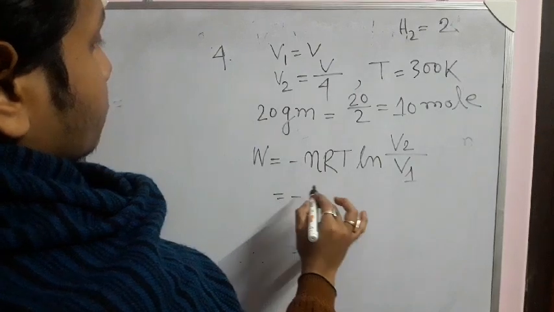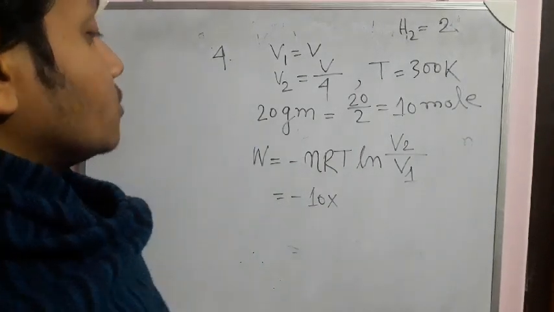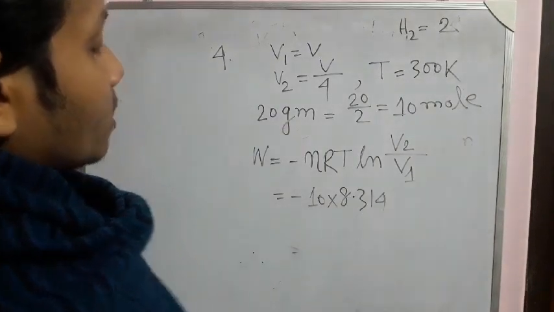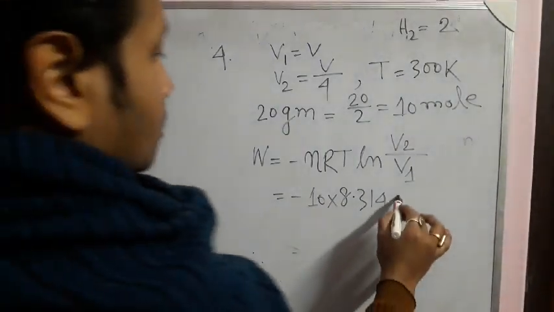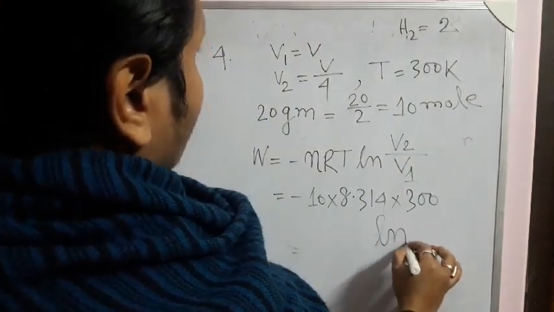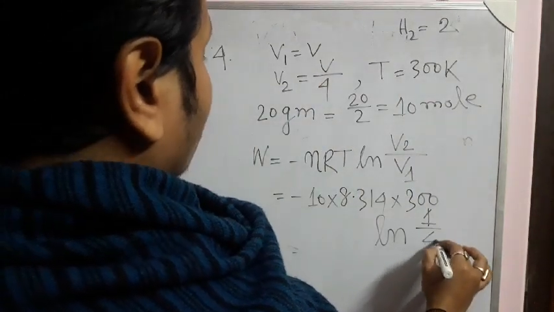So you substitute it. n is 10 and R in which unit we use? SI unit. The value of R is 8.314 joule per mole Kelvin. We use T 300 Kelvin and ln V2 upon V1. So V2 upon V1 will be 1 upon 4.